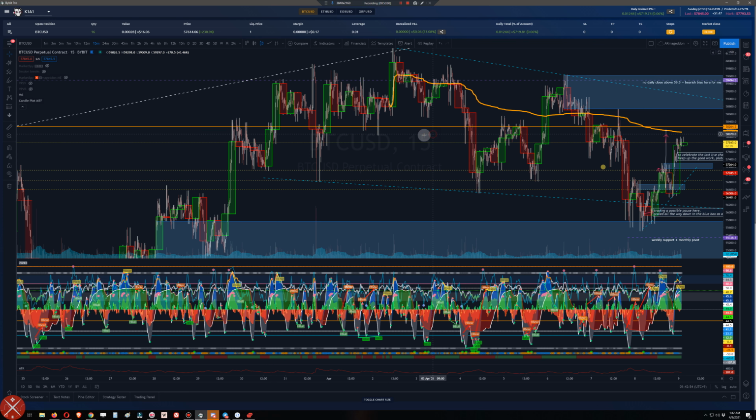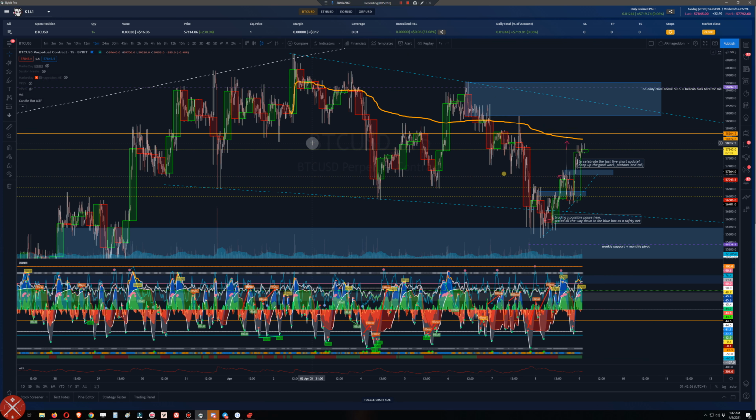It's not reliable, I find, but it's an approximate area of where people who are selling at the top are likely to sell next if price makes it towards these localized lower highs. It'll probably be somewhere around here. So we're watching this level because this is a point of rejection. This is where the supply is.